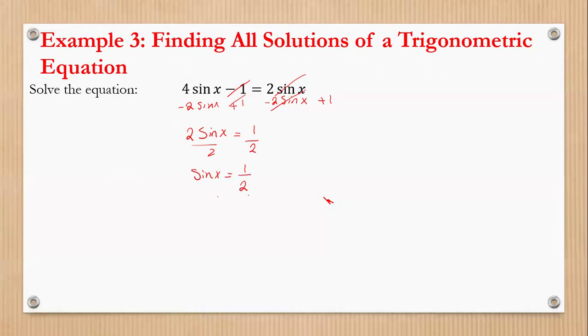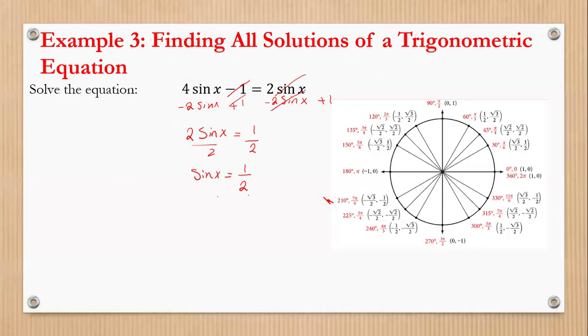After you isolate the sine and you get sine x equal to 1/2, now it's time to find the angle x. And I'm asking myself, okay, the sine of what angle is 1/2? Sine means y value. In which of these points is the y value positive 1/2?